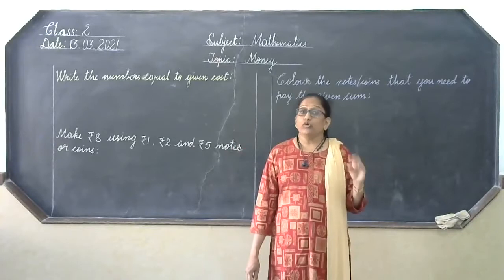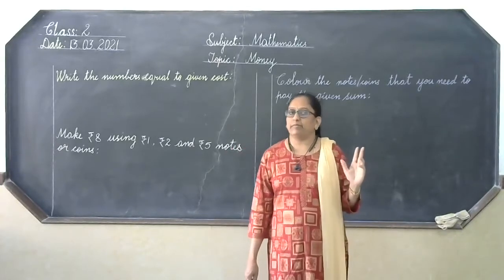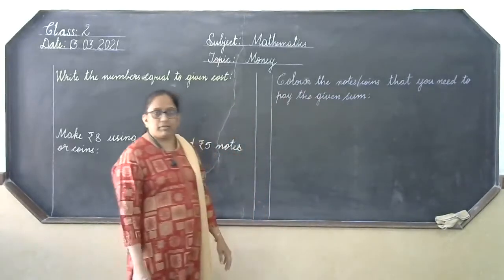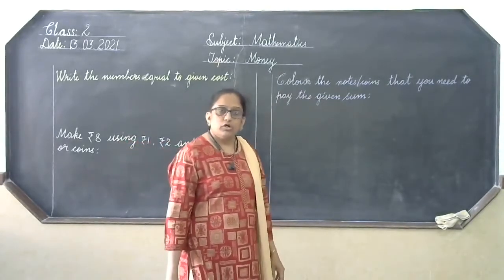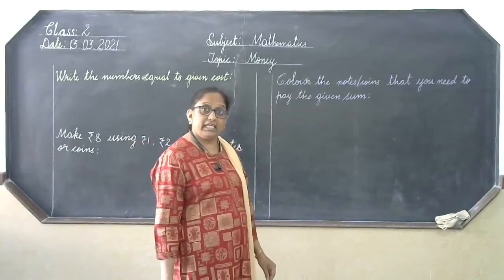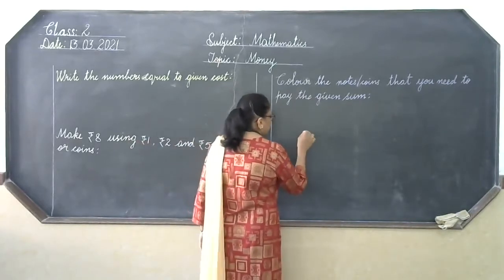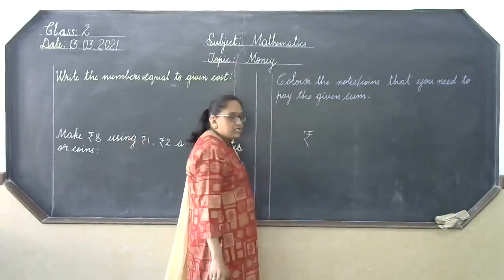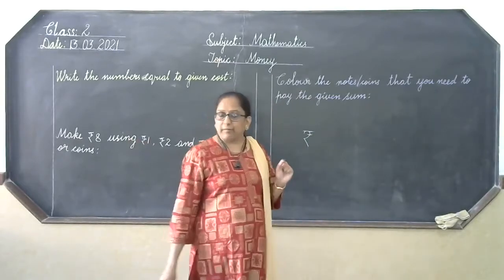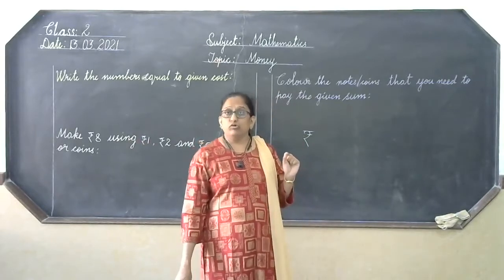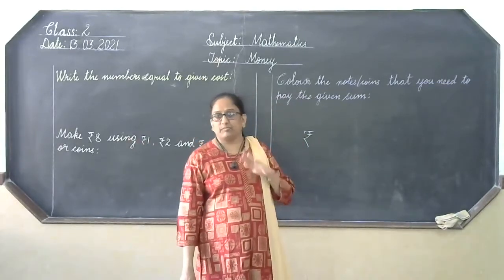Then I told you that to differentiate between rupees and paise, a dot is kept. What is the symbol of rupees? The symbol of rupees is like the Hindi Ra, children. You will write it like this. A dot is kept in the middle to show which is rupees and which is paise.